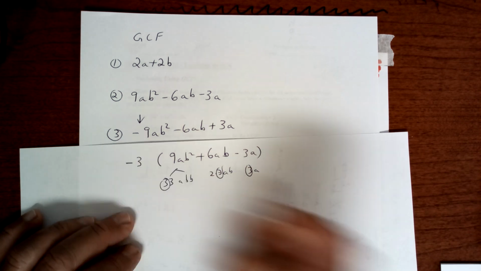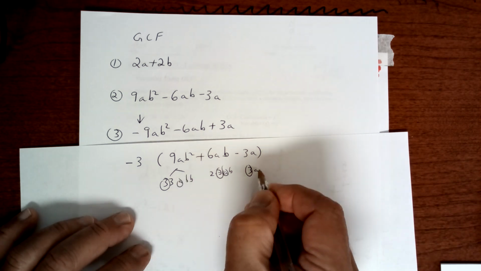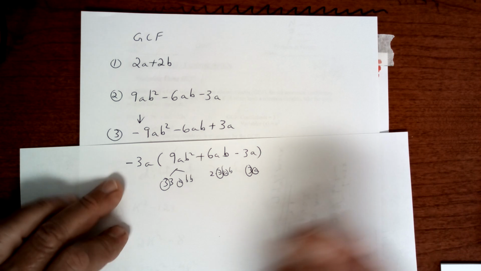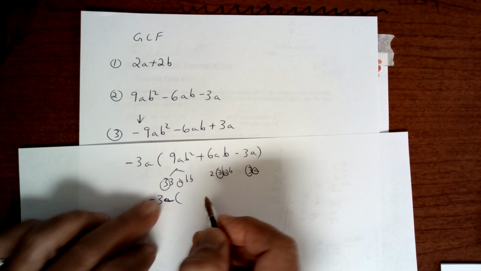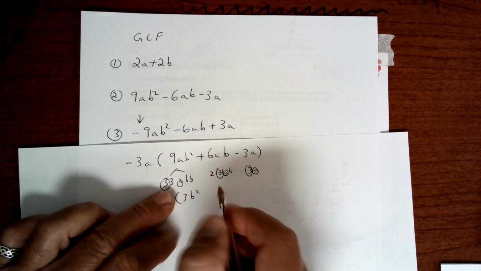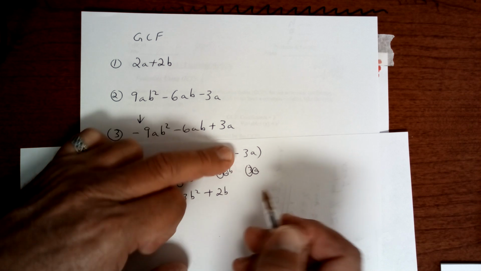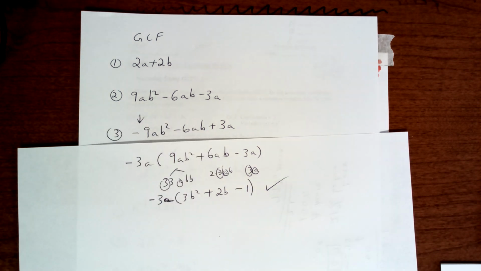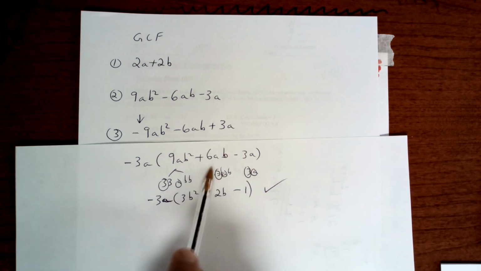I'm still going to take out an A, and whatever I'm left with will be my answer. So I'm going to get negative 3A times 3b squared. This is now a plus 2b, and this one's a minus 1. So if it's a negative, you have to first factor out a negative and change all the signs. Make sure you know that.